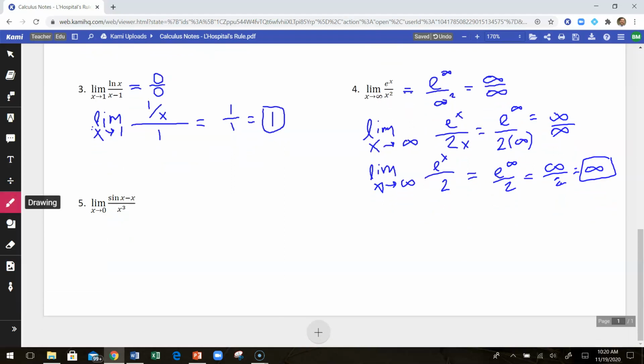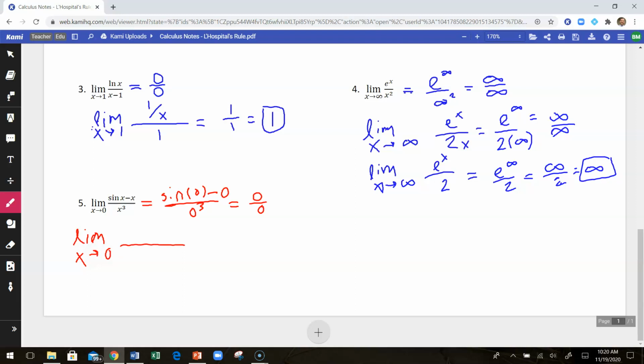For this last example, if I plug in 0, the sine of 0 minus 0 over 0 cubed is going to give us 0 over 0. So I'm going to use L'Hopital's rule here. Limit as x approaches 0.